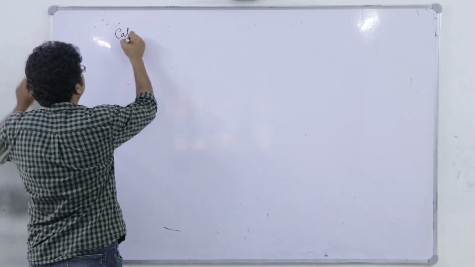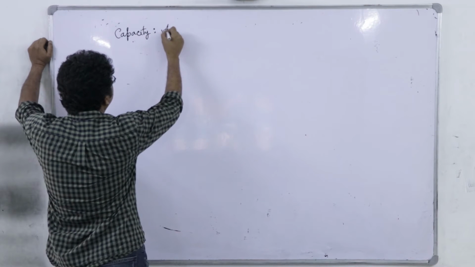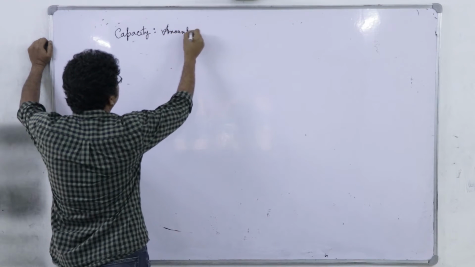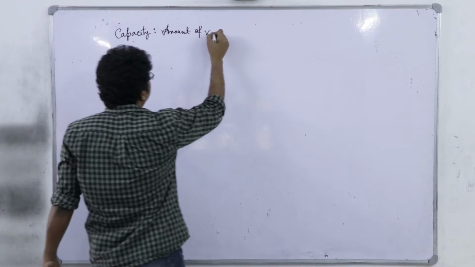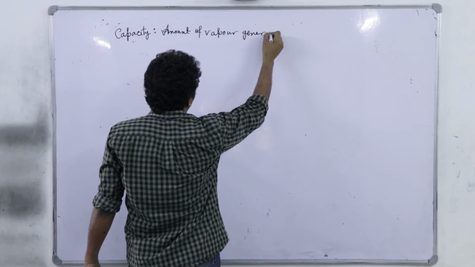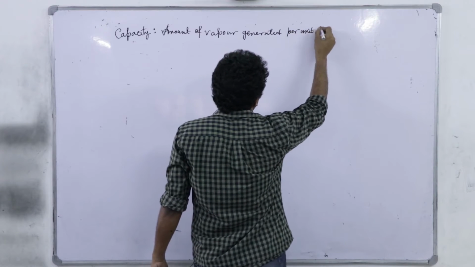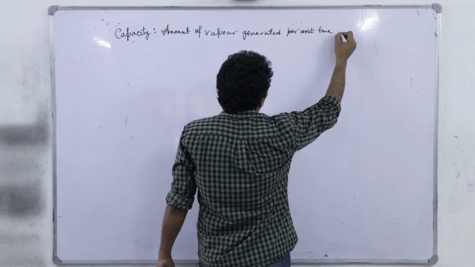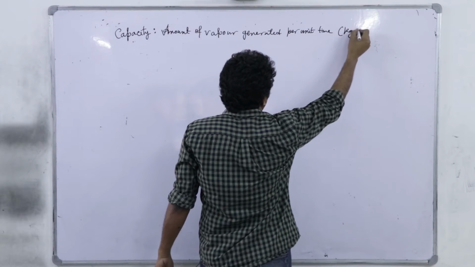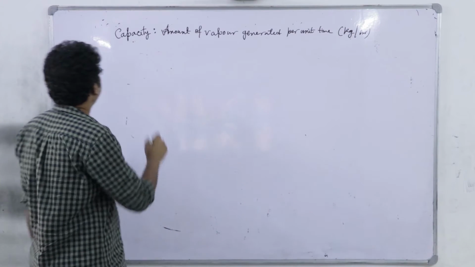So, what is capacity? Amount of vapor generated per unit time in kg per hour. That is called the capacity of an evaporator, right.